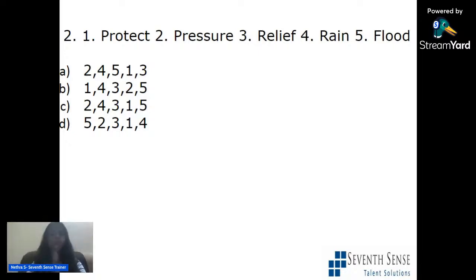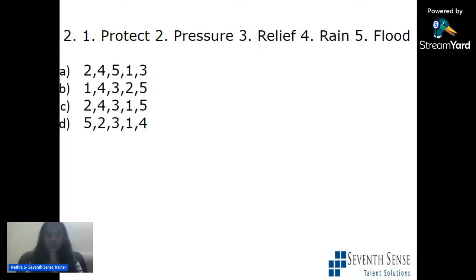We'll see the explanation for this. We'll go from the last option, 52314. That gives flood, followed by pressure, relief, protect, and rain. That is not possible. The next option, C, is 24315: pressure, rain, relief, protect, and flood.